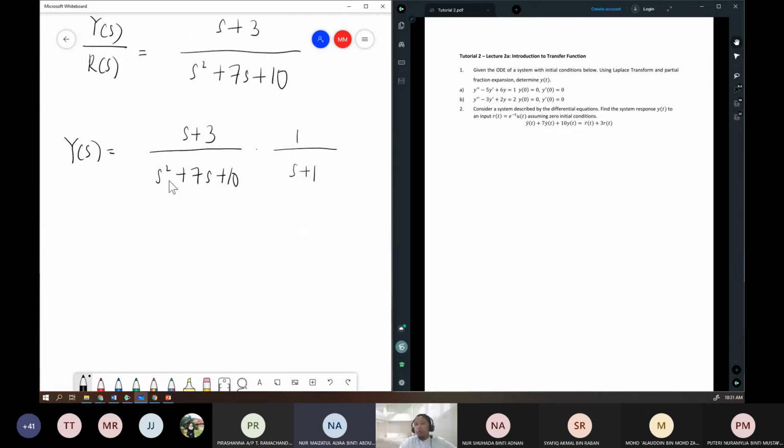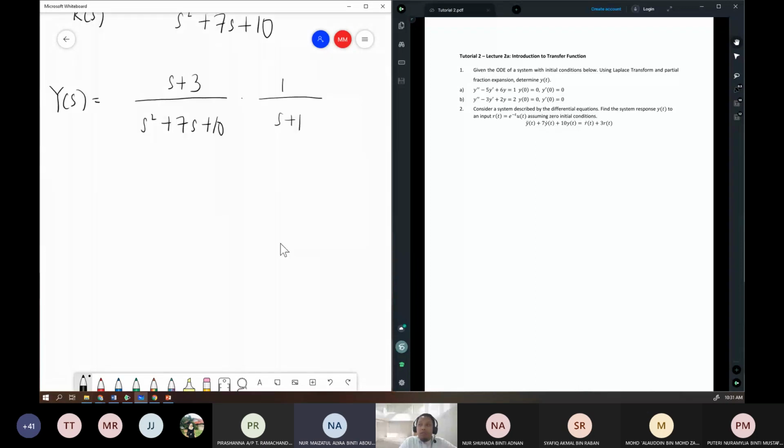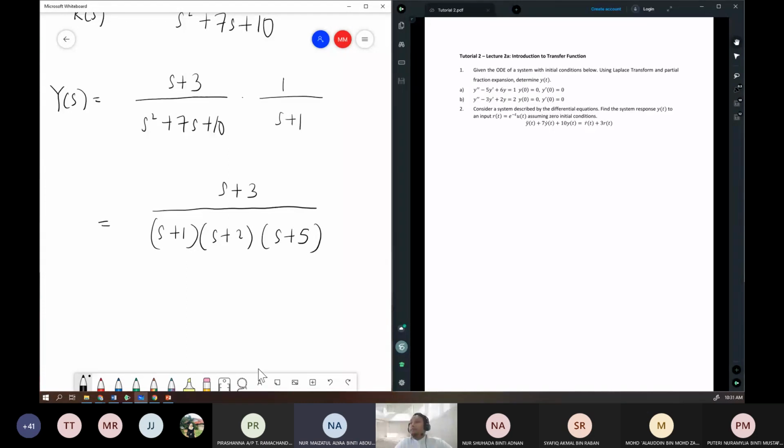Now you can factorize the denominator and perform partial fraction expansion. So factorize this, we get (s plus 1), (s plus 2), (s plus 5), and (s plus 3).